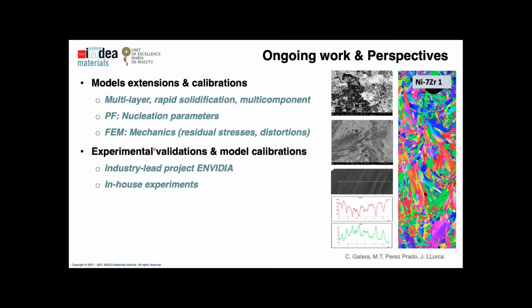We're planning some experimental validation and model calibration within the project that we're in right now with collaborators in the aeronautic industry, but also in-house experiments where we simplify down the experiment going to binary alloys. This is the work by Clara Galera, and Teresa and Javi Yorca are involved in this, and they're actually performing these experiments that should provide us some useful data to calibrate our models.